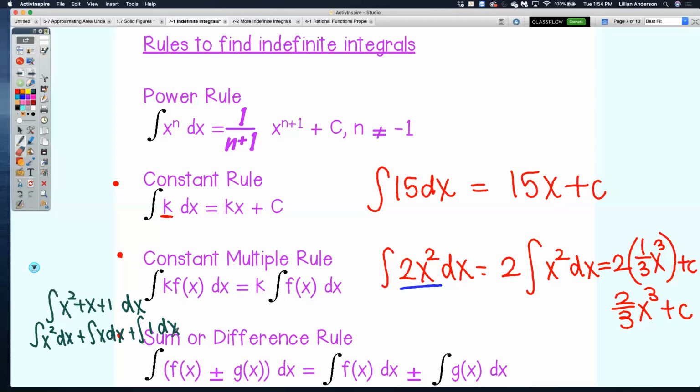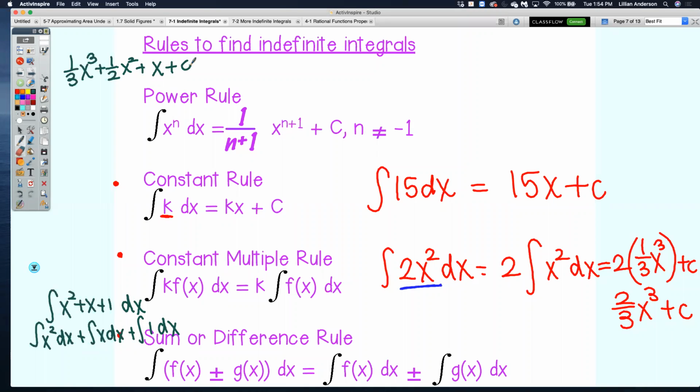It'll be that one answer, all the antiderivatives plus c. So that would be 1/3 x to the third plus 1/2 x squared plus, what's the antiderivative of a constant? It's that constant times x. So the antiderivative of 1 is 1x, then plus c. That would be your antiderivative of that function there.